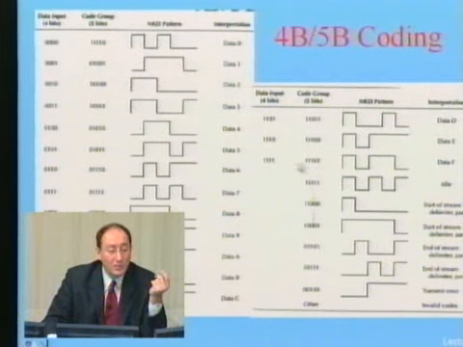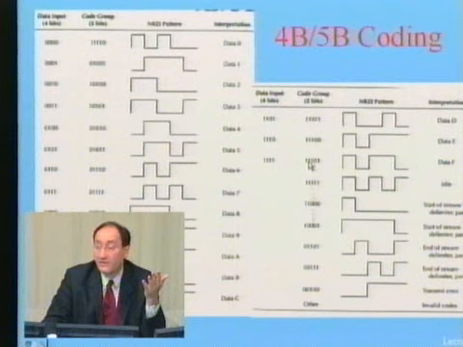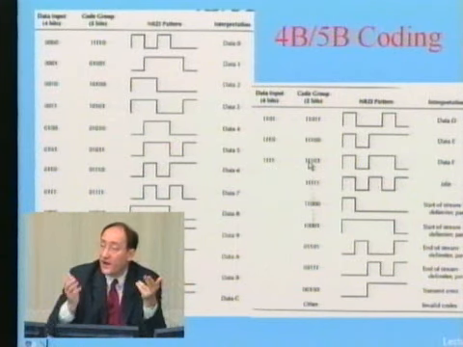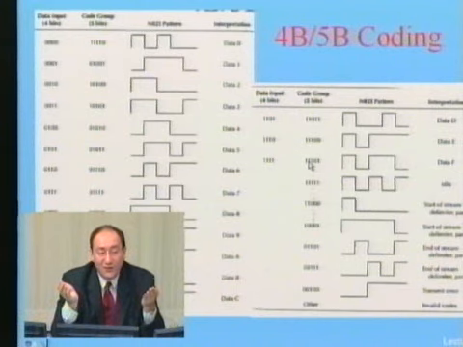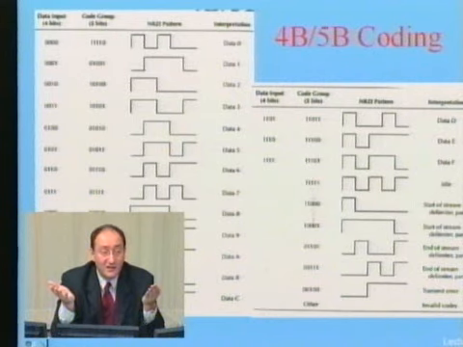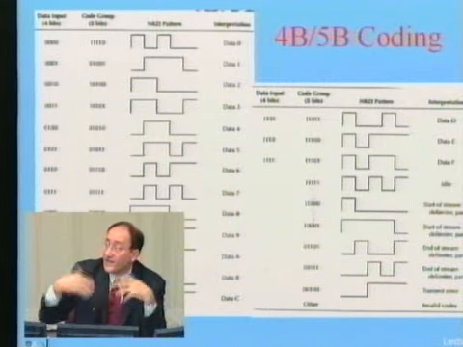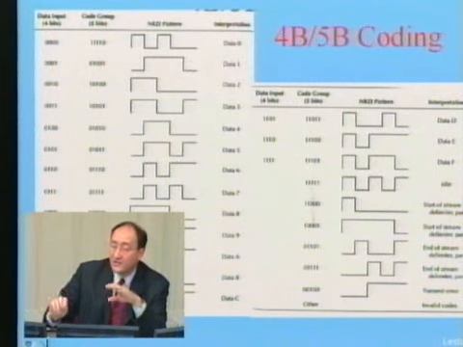So my bits, which are coming 4 bits, I'm encoding them to 5 bits. 4 bits is how many? 16 combinations. 5 bits is how many? 32 combinations. So out of that 32 combinations, I pick 16 which have at least 2 transitions.